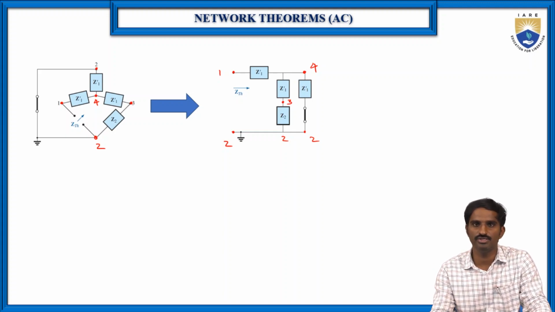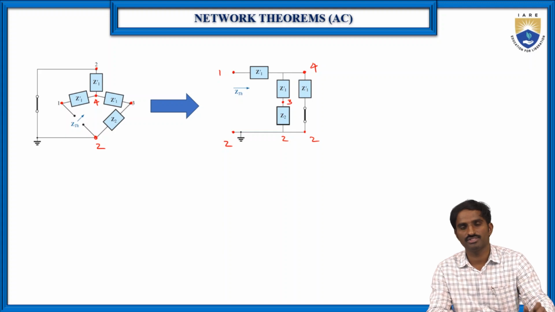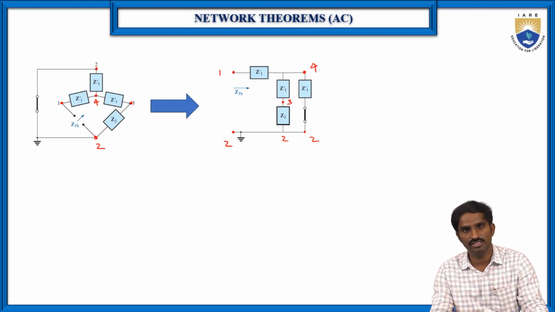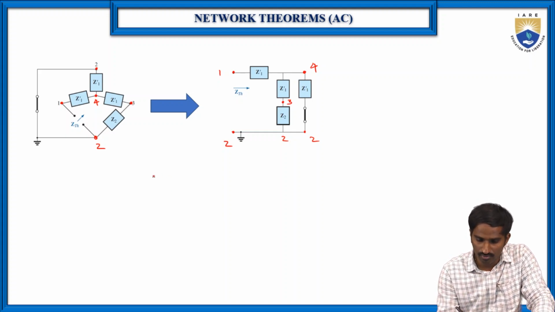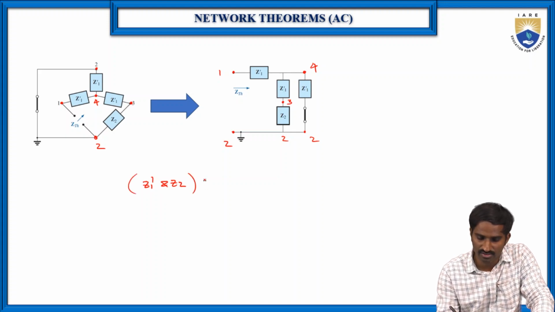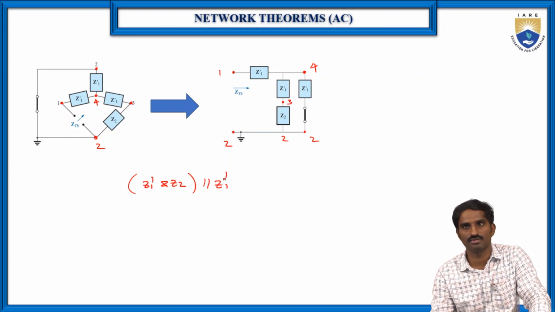Now here it is very easy to identify which two impedances are connected in series and which two impedances are connected in parallel. As you can see now, Z1 dash and Z2 are connected in series, and this series combination is in parallel with Z1 dash, right?